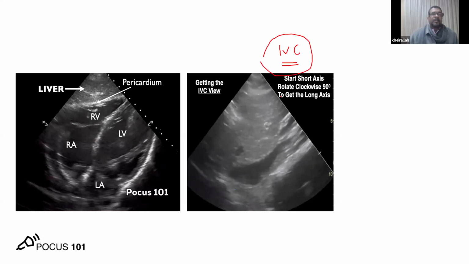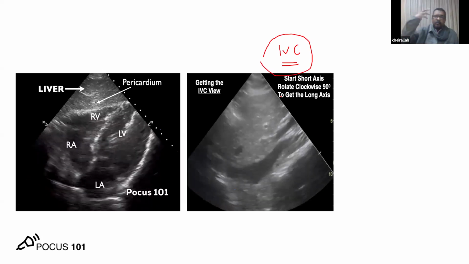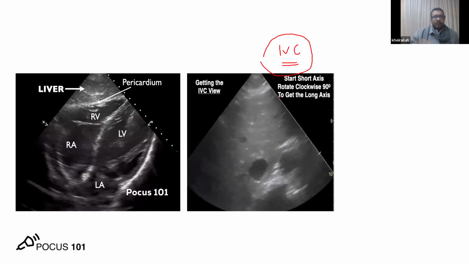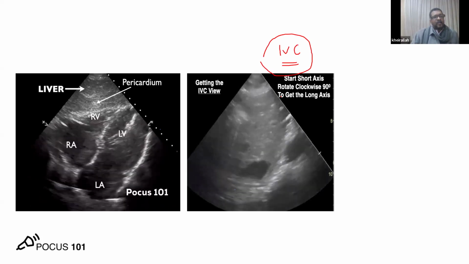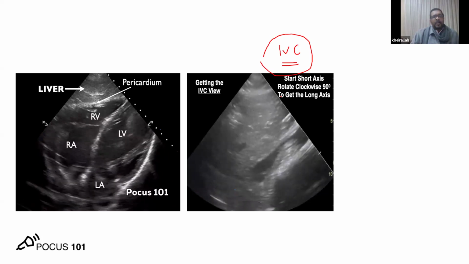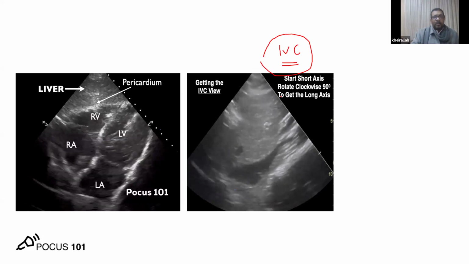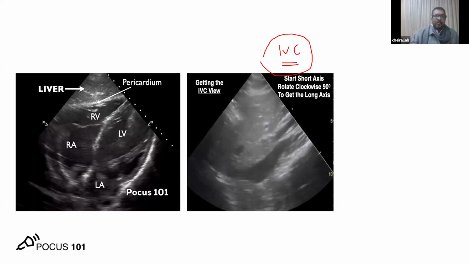That's why the intensivists are so interested in getting the IVC, and they hold their probe frequently to check on the IVC and determine if the patient is fluid deficit or euvolemic or not. Okay, so this is the IVC from the subcostal.